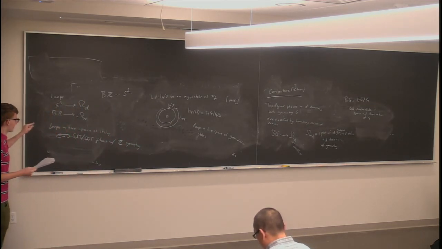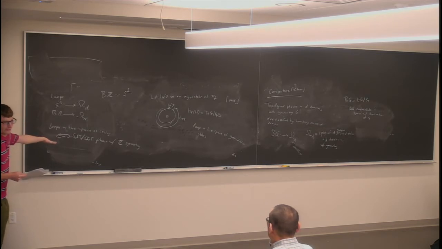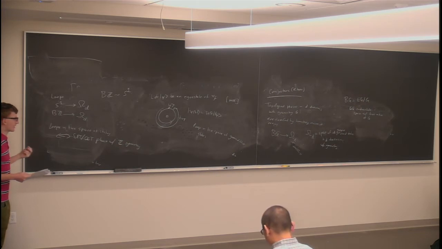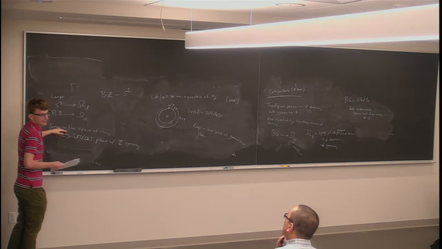This is a very powerful result, because it tells you that if you want to understand loops, all you need to do is understand the SPT and SET phases, and we have very powerful frameworks for that: group cohomology or group supercohomology for fermions, or the framework of G-crossed braided tensor categories for SETs. So we have very general frameworks, and that allows us to understand loops as well.